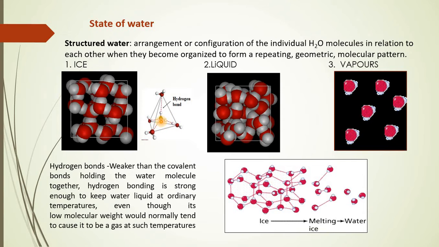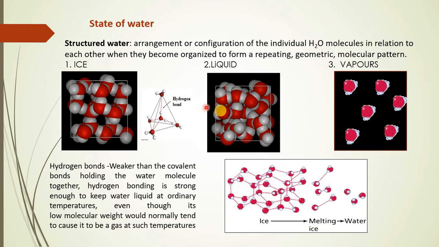So here you can see red balls, they are defining the oxygen, which means that the oxygen of one single molecule is seen linked with four other oxygen molecules in its vicinity, giving rise to tetrahedral form, and therefore there is a tetrahedral arrangement observed in the structure of ice, and this results in formation of small cage-like structures, and this is going to give rise to the ice structure of water.